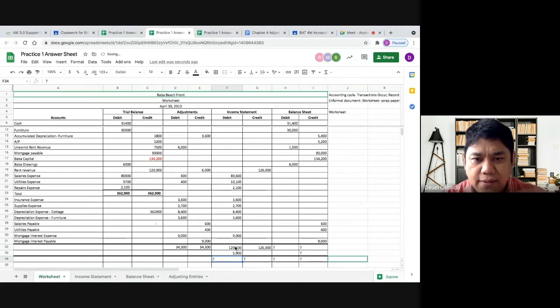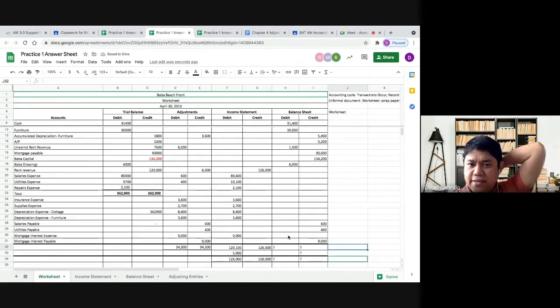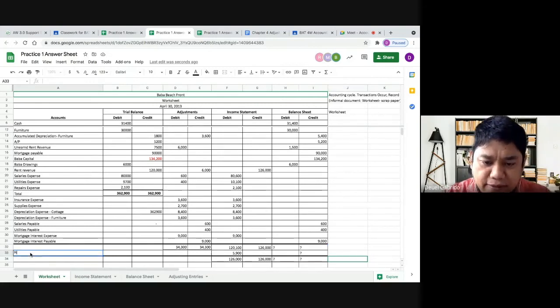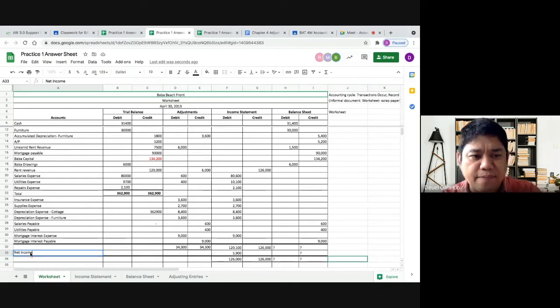Okay, the net income is 5.9, and then this one, sorry, I forgot it, 126. Bring it down, whichever the higher number is. And then this one is 126. So this is what I calculated, guys. The net income now is 5,900.